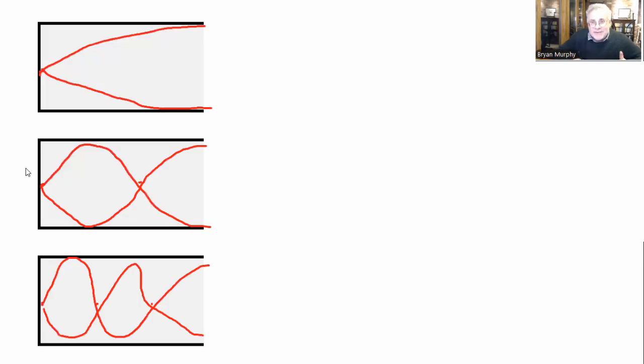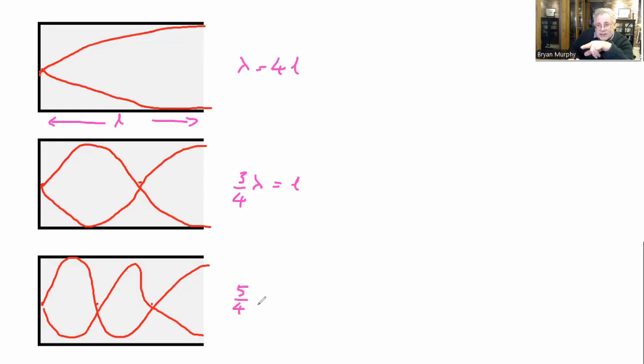Now, if the pipe has got a length L, then I've only drawn a quarter of the wavelength in there. So lambda equals 4L. For the next one, I've only got 3/4 of the wavelength in L. And for this one, I've got 5/4 of the wavelength in L. So that's lambda 1, lambda 2, lambda 3.